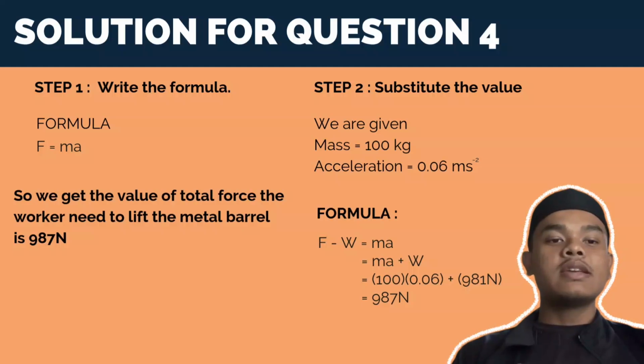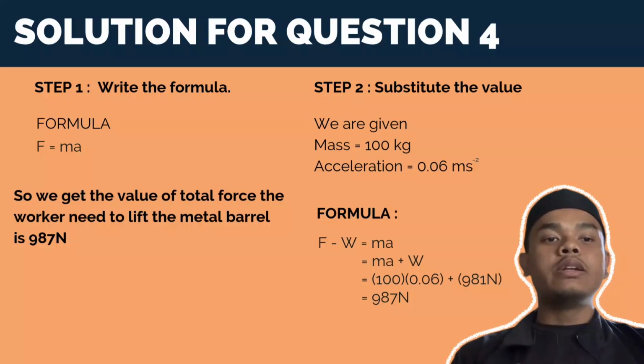Next is additional force to accelerate the load. The formula is net force equals m times a. If the load is accelerating upward, the worker also needs to supply extra force to cause that acceleration. So, the total force required is total force equals mg plus ma.